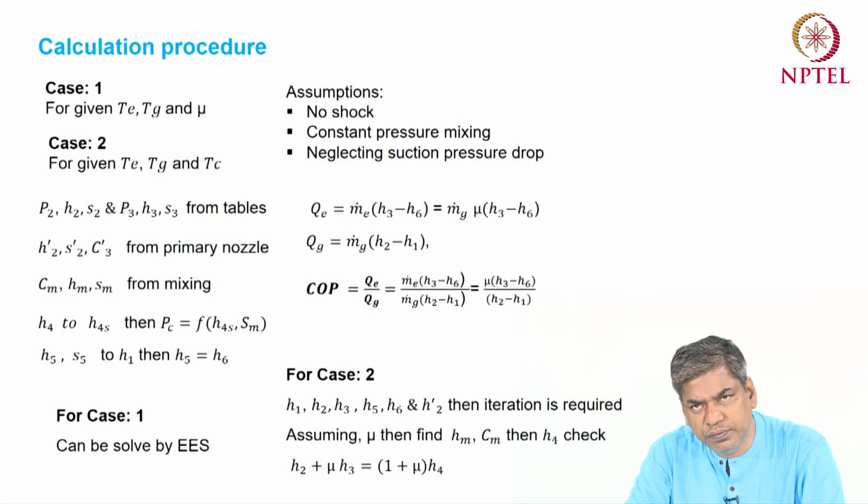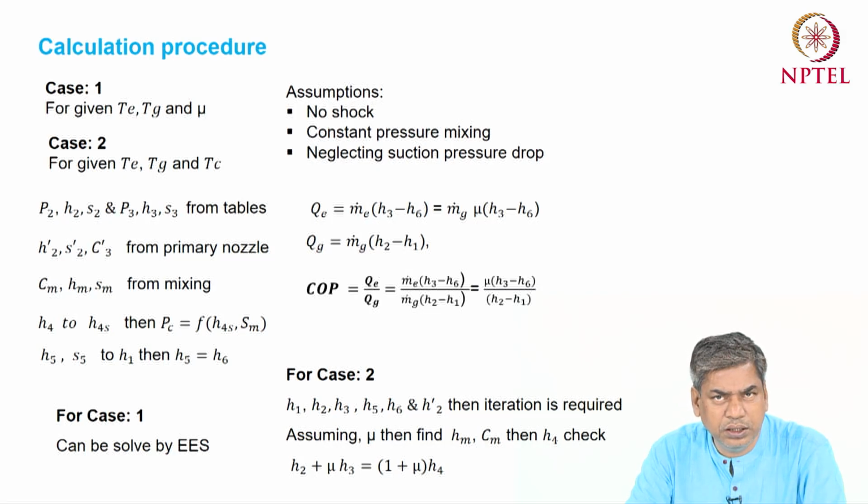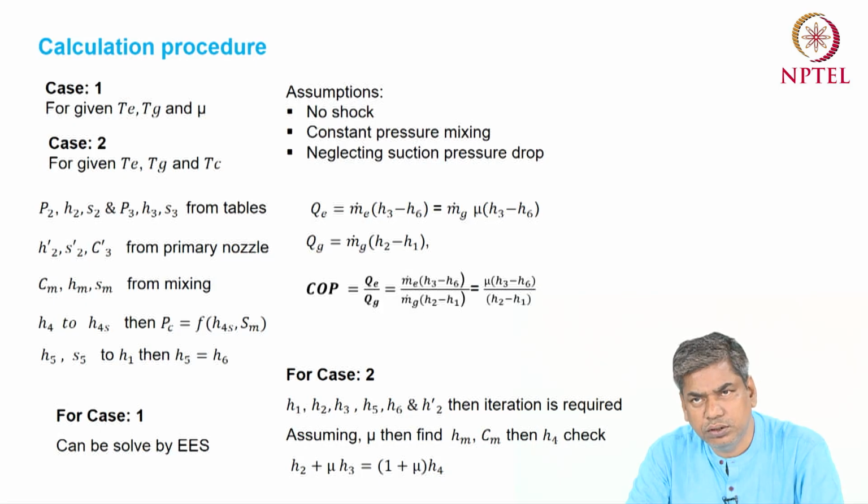One is the inlet of the primary nozzle, another is the inlet of the secondary nozzle. So, for all the cases both are saturated conditions, so we can get all the properties from the table. Then 2 dash, S2 dash and S3 dash are from the primary nozzle. That means the outlet condition of the primary nozzle can be written this way.